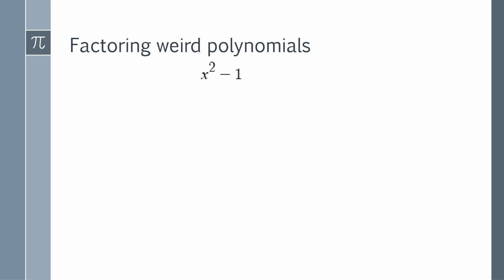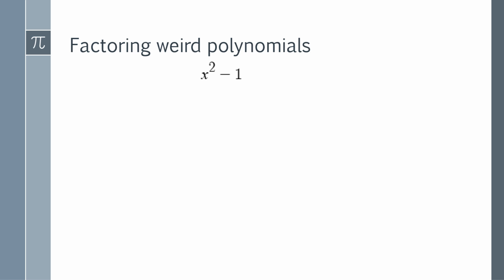Alright. Factoring things that you've never seen before. Now, on your test, you're going to be given something that looks like this. I didn't teach you this. I'm not going to lie to you. I did not.